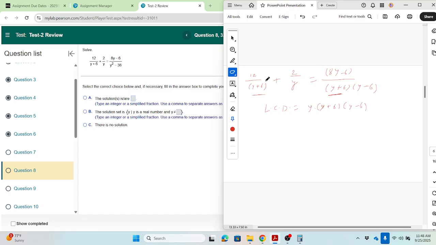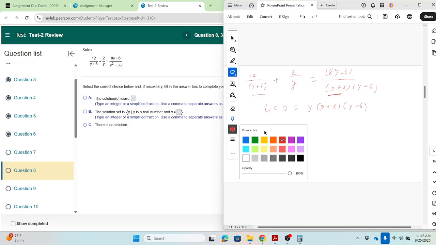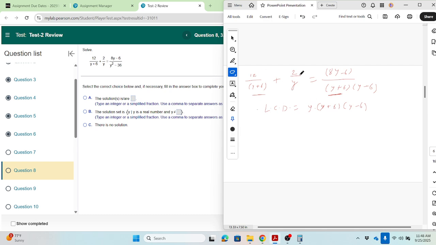Now we need to just multiply both sides by the LCD. When we do that, the LCD goes on the top here.